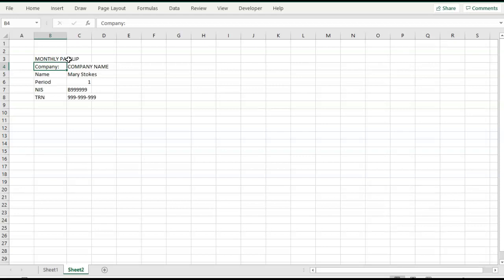So we're doing period 1. The NIS number for the employee, and it's actually 6 digits. There's a letter followed by 6 digits. I have 1, 2, 3, right, I have 6 digits. And the TRN is a 9-digit reference number.